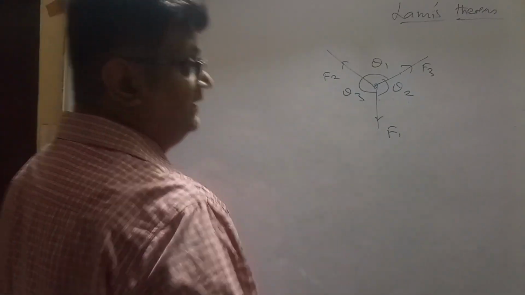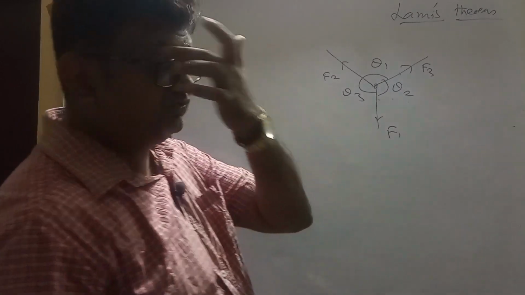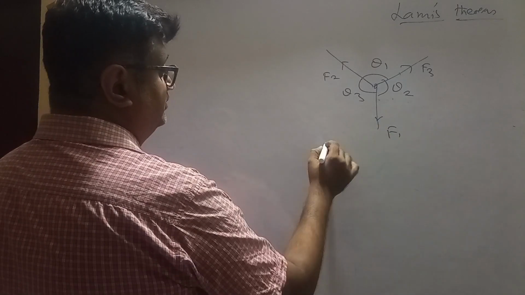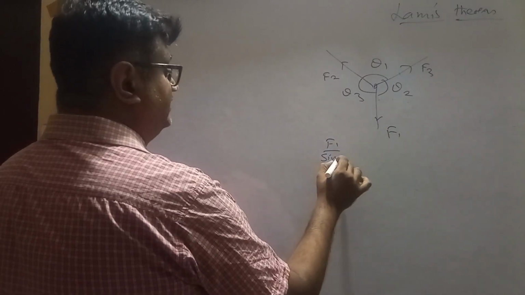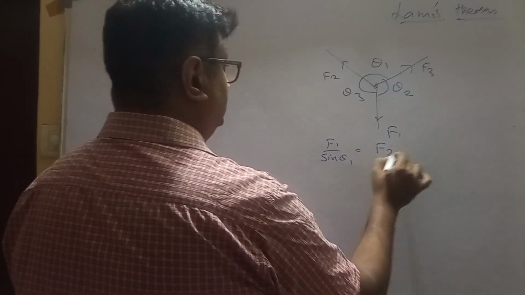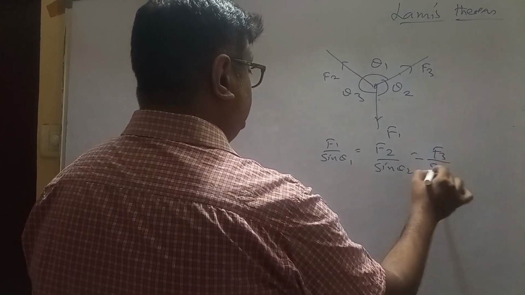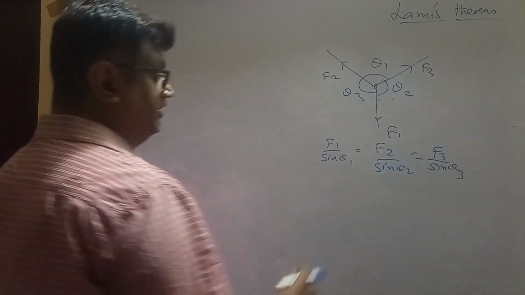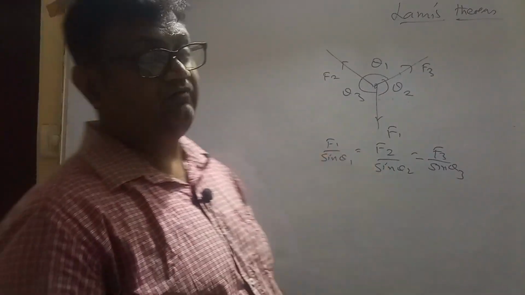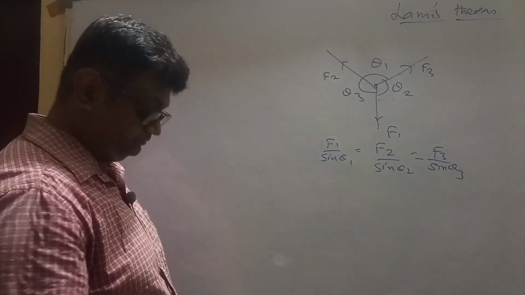These are three concurrent, coplanar forces. Here one condition applies: F1 by sine theta 1 is equal to F2 by sine theta 2, is equal to F3 by sine theta 3. You can apply this condition whenever you find three concurrent forces. This is Lami's theorem.